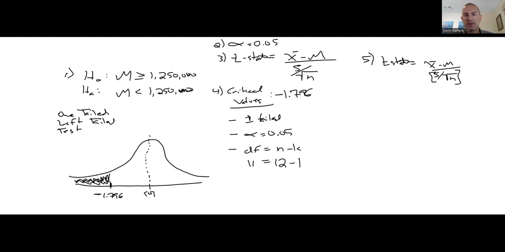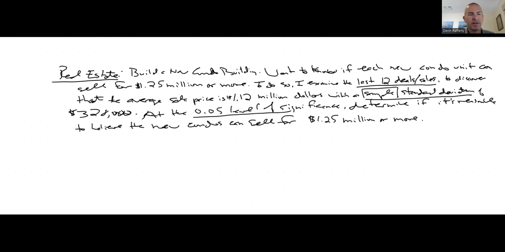So that means that my test statistic, what's X bar? What's the average? X bar is the average that I saw these other sales being sold for, right? The average sale price of these other deals was $1.12 million. Okay, the average sale price was $1.12 million.